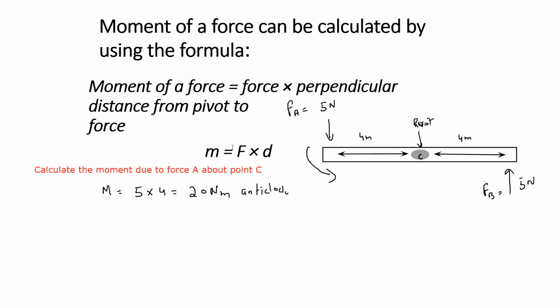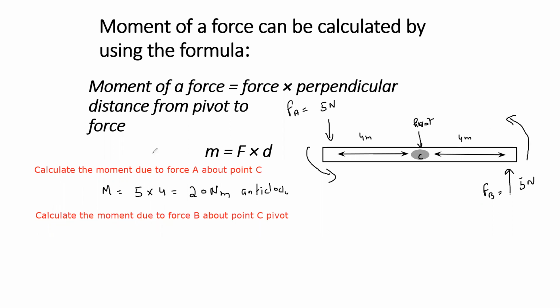And the second part: calculate the moment due to force B about the pivot. So we want to calculate the moment of force B. When this force B is applied, in which direction will it rotate?